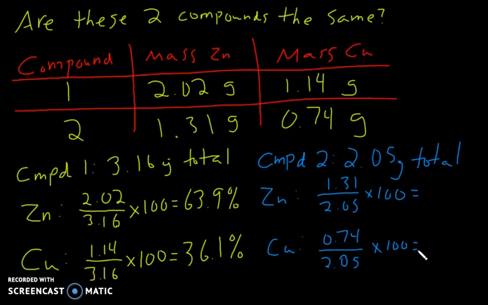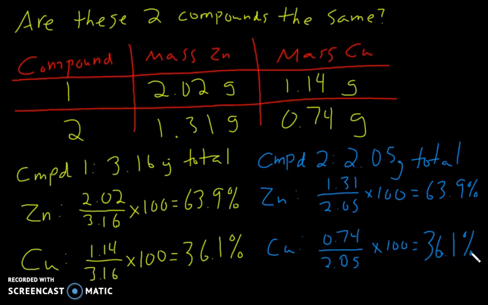So for zinc, 1.31 divided by 2.05 times 100 gives us 63.9%. And for copper, we have 0.74 divided by 2.05 times 100 gives us 36.1%.